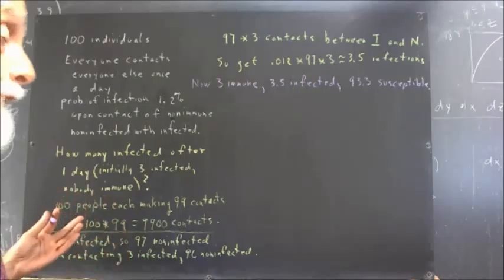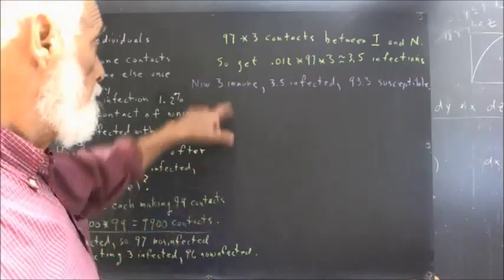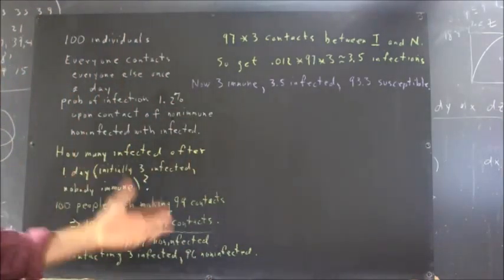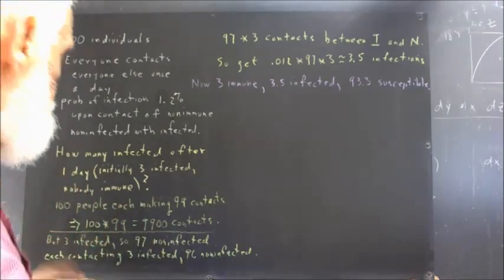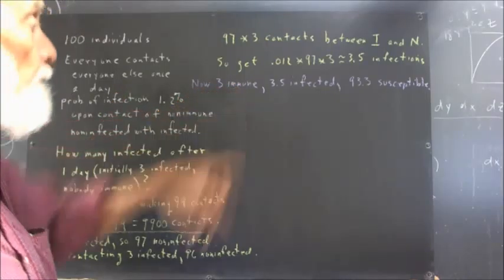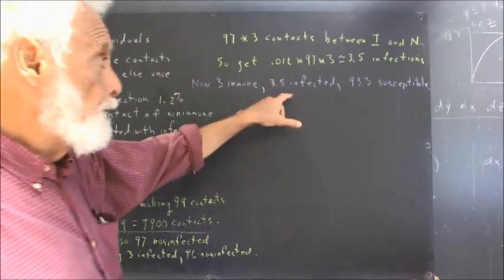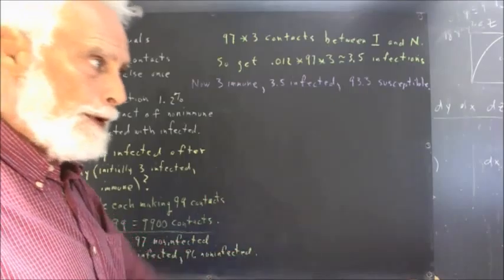What now is the status of our population starting the second day? Well, one of the conditions, and I didn't write it down here, is that this infection lasts for only 1 day, after which the person is immune. So our 3 infected people from the first day are now immune, and nobody dies from this thing. We have 3.5 people infected, and of course, how can you have half a person infected?